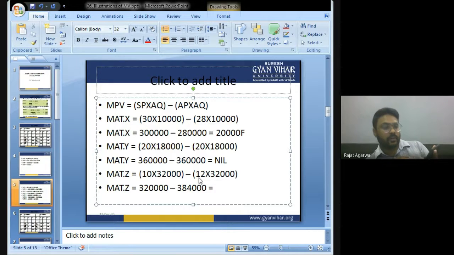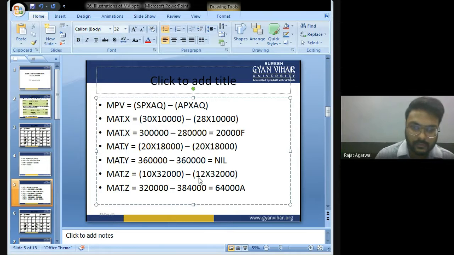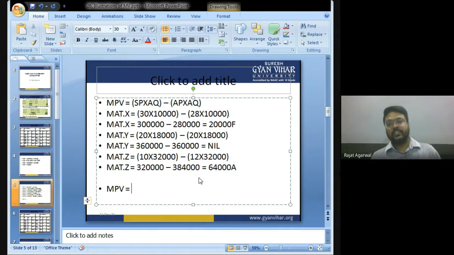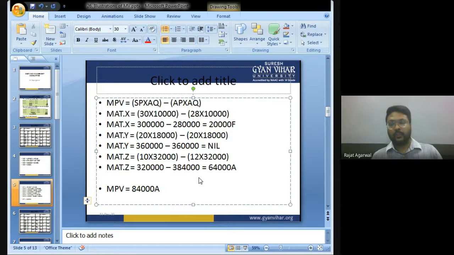Now 3 lakh 20,000 minus 3 lakh 84,000, 64,000 adverse. 64,000 plus 20,000 is 84,000 adverse. So material price variance is 84,000 adverse.